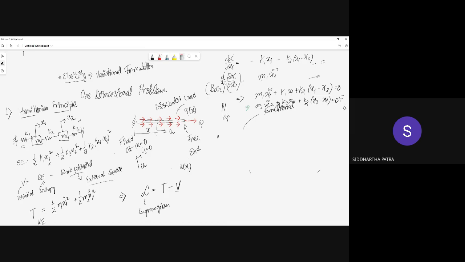What we could have done is use Newton's formula, where we would take this block of mass m right here, and on this side it is being pulled by a force k2 times (x2 minus x1), and x1 is towards the right, okay, and on the left side it is being pulled by k1 times x1, so this one is towards the left, hence negative. One second.